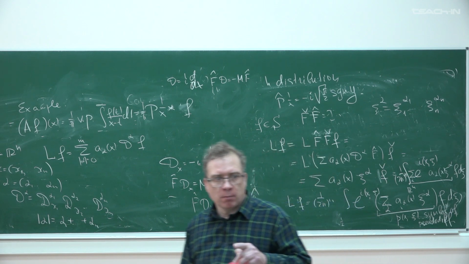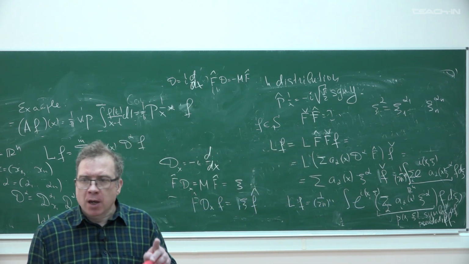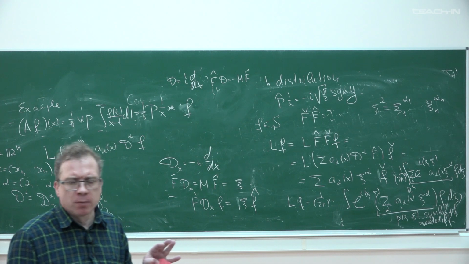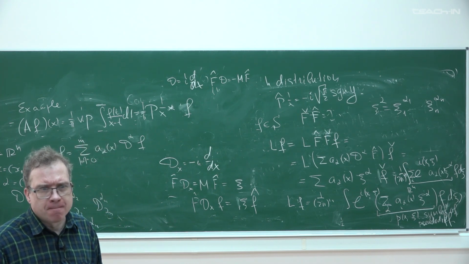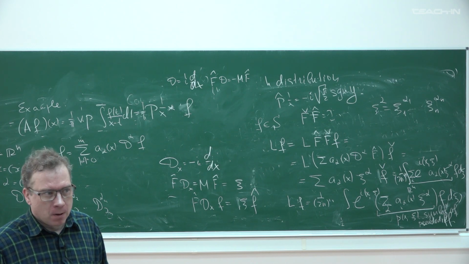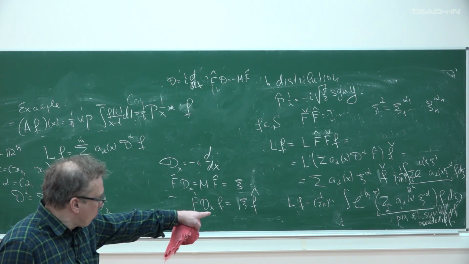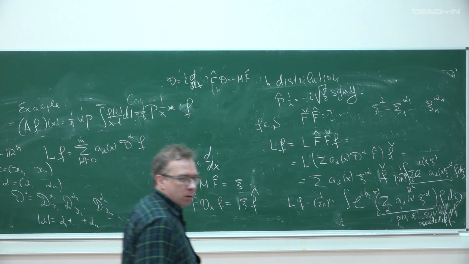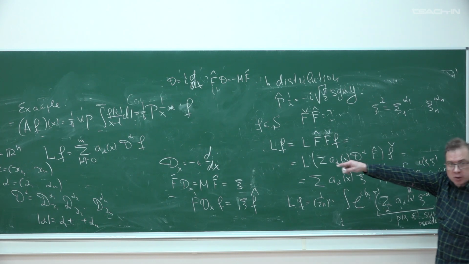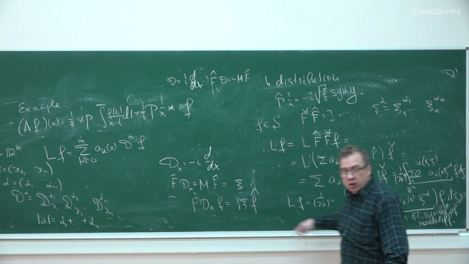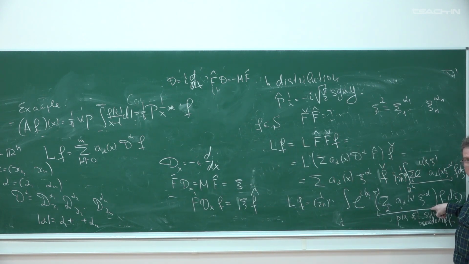What can you say about this symbol from the point of view of the variable xi? What is the function? A alpha is a good function, a smooth function, for simplicity. What do you say about this symbol as a function of xi? Polynomial, yes. For a usual differential operator, this function is a polynomial. But now you can define a pseudo-differential operator when you change the symbol.